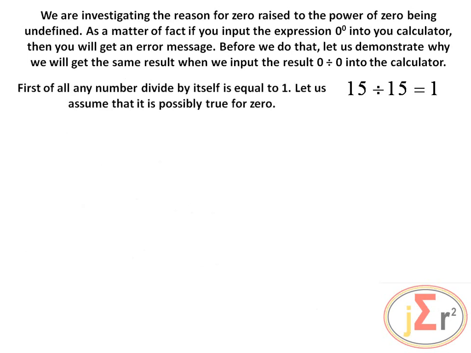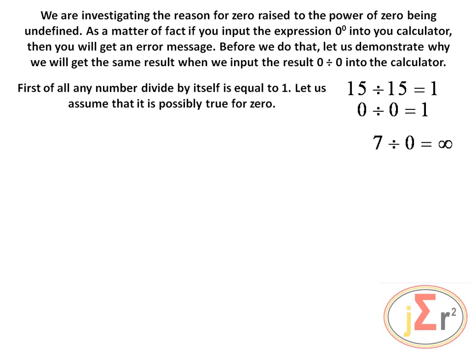So first of all, any number divided by itself is equal to 1. Let us assume that it is possibly true for 0. 0 divided by 0 is equal to 1, because any number divided by itself is equal to 1.